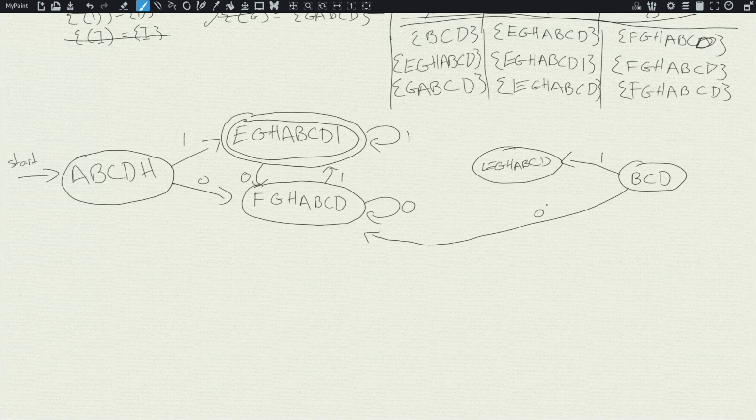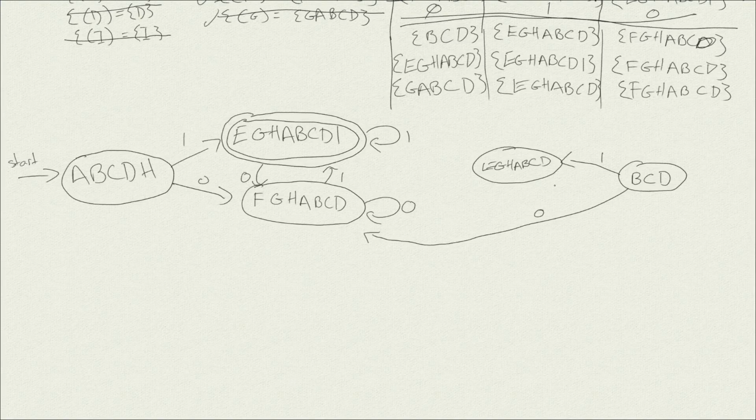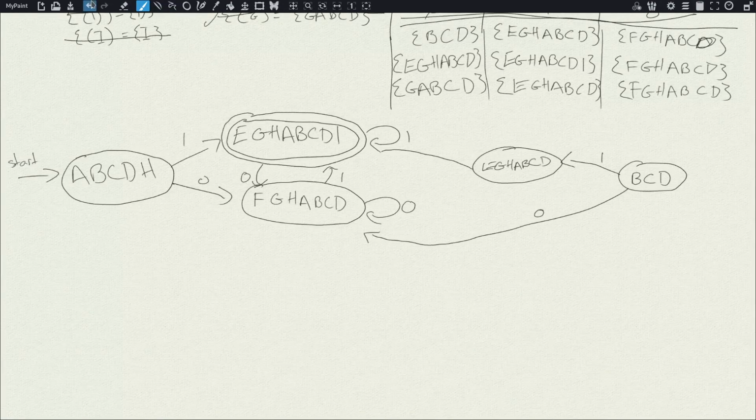Then E, G, H, A, B, C, D goes to E, G, H, A, B, C, D, I here with 1. I'll move the arrows so it's more clear what I'm trying to do. And F, G, H, A, B, C, D with 0 goes here.